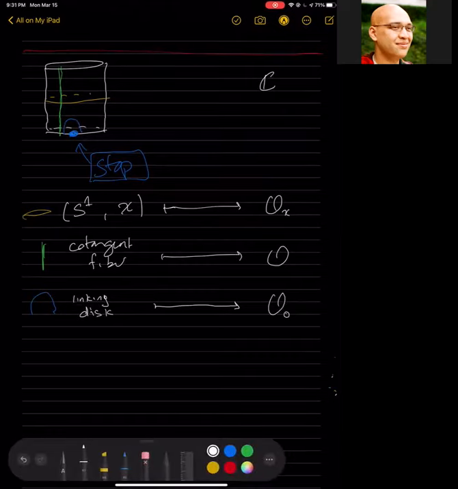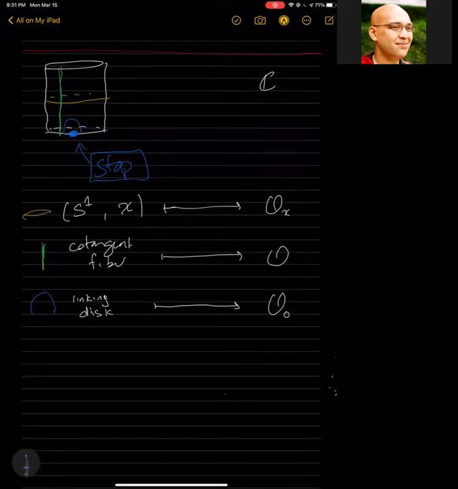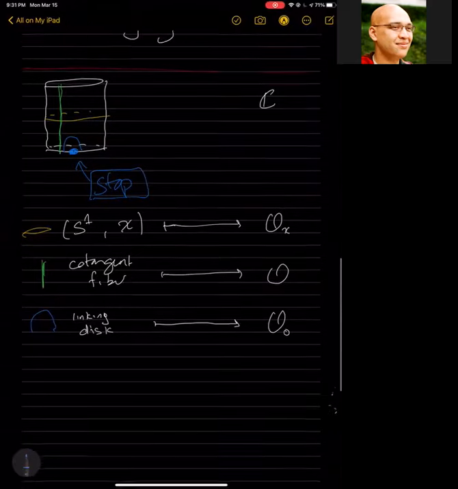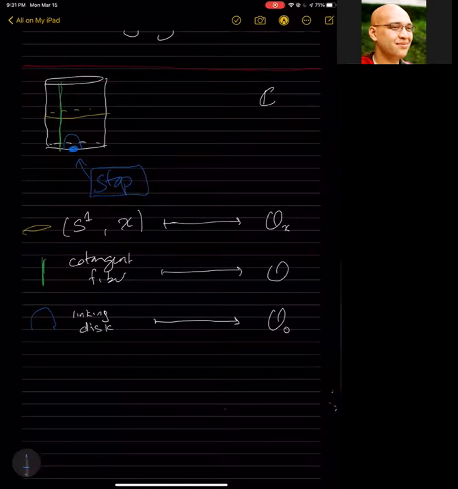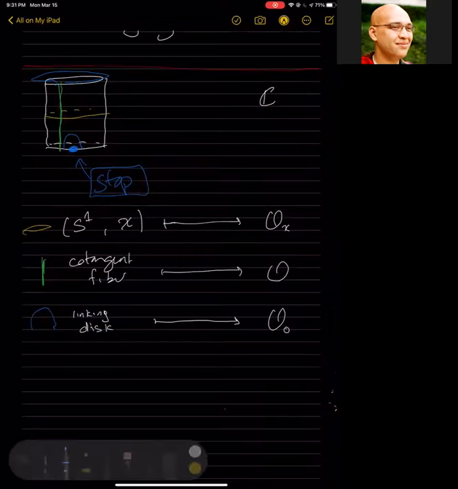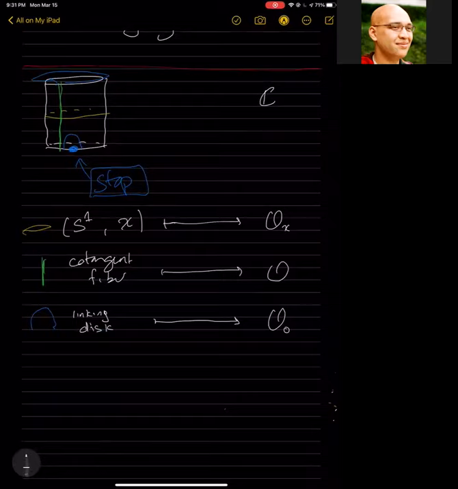And the way it does that is that now you only count these Reeb trajectories which do not meet the stop. So before I was taking trajectories at the top and the bottom. I'll still have the ones at the top because they don't meet the stop, but I won't have the ones at the bottom anymore. And so, in other words, I keep only what corresponded before to the positive powers of T.